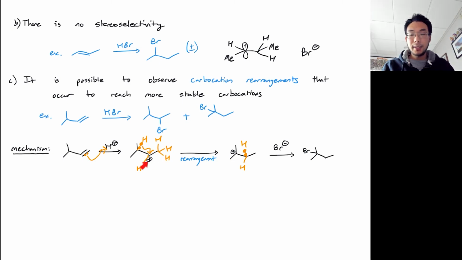Either by chance this can collide with bromide right away and form the product up here, or if there's enough time, a rearrangement could happen before any collision with bromide, and then the bromide collision could happen, forming the second product.